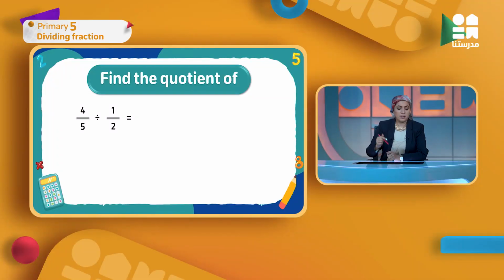Okay? Then it will be 4 over 5 times 2 over 1 equals, I have nothing to simplify here, so I will multiply them. 4 times 2 is 8. 5 times 1 is 5. So the answer is 8 over 5.